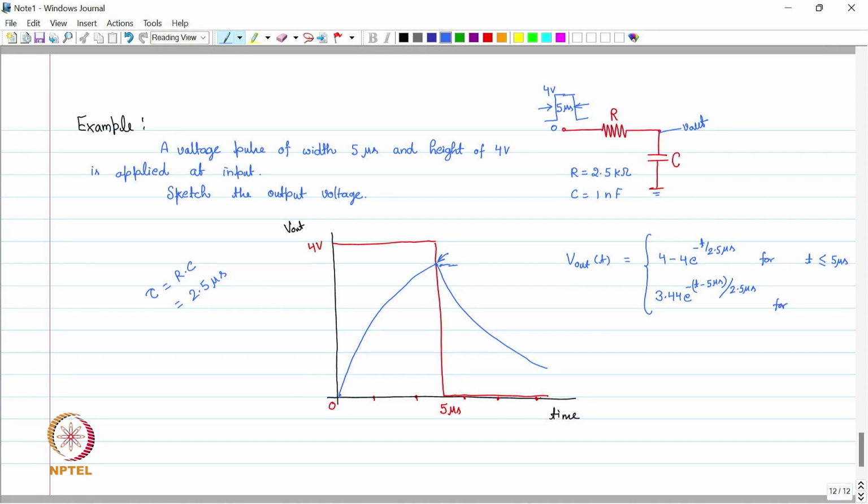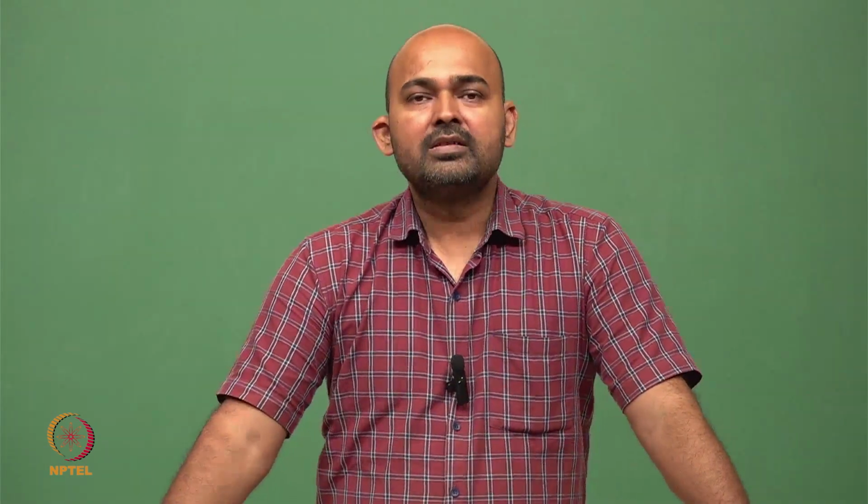This is for t greater than 5 microsecond. So this is the equation of charging, and this is the equation of discharging when the output is following the input. So this is how we calculate the RC delays of electrical networks.